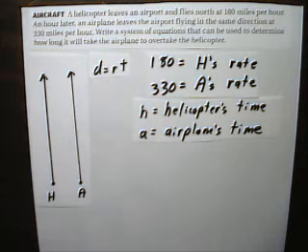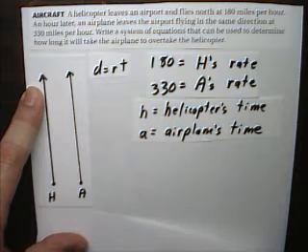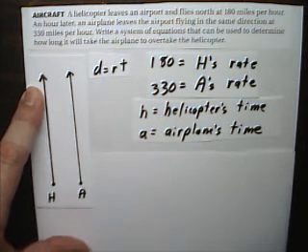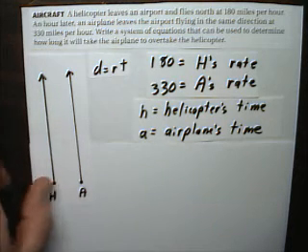I'll use lowercase h for the helicopter's time and lowercase a for the airplane's time. And the helicopter left an hour before the airplane. So the one thing we know about these two times is that the helicopter will always have flown an hour longer than the airplane did.